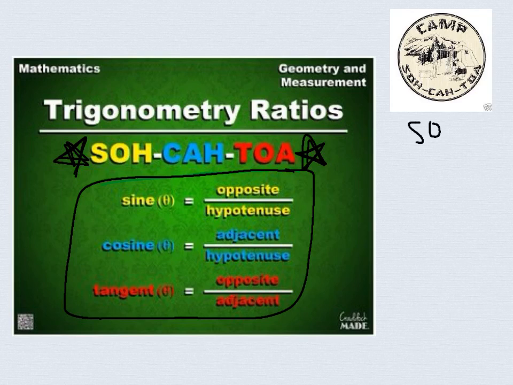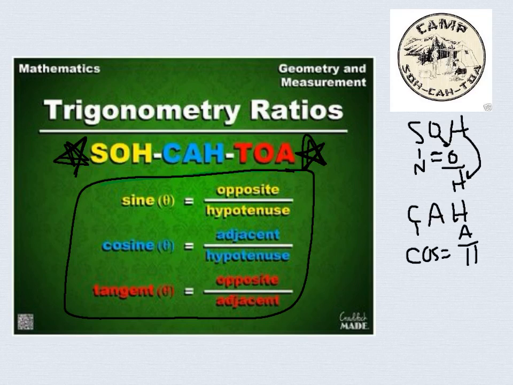The SO represents, the S is sine, equals opposite over hypotenuse. So the sine equals opposite over hypotenuse. And CAH means cosine equals adjacent over hypotenuse.